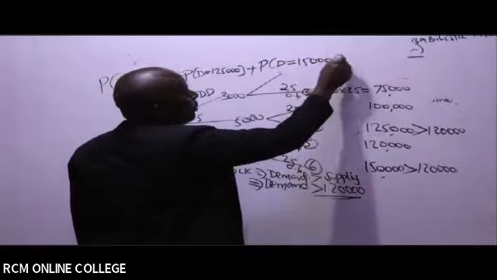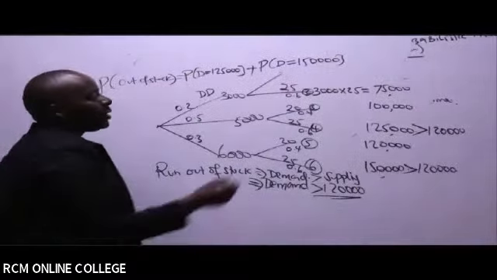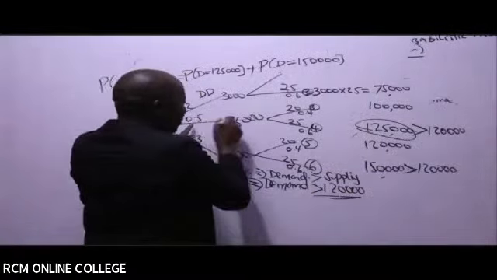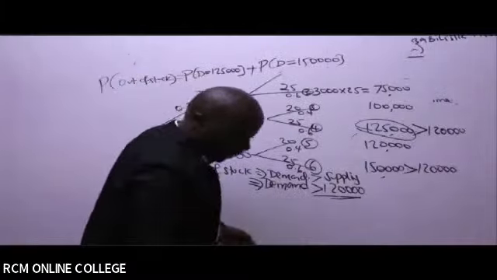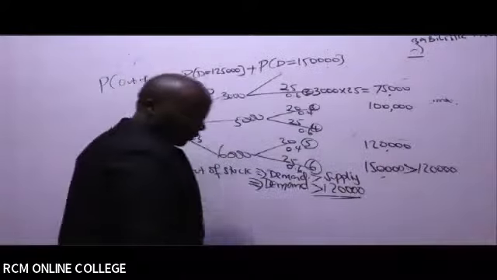There are only two possibilities. Remember this 125,000, how was it gotten? We went through this branch. So now we need what we call a joint probability, a joint probability for this one here, for this 125,000.